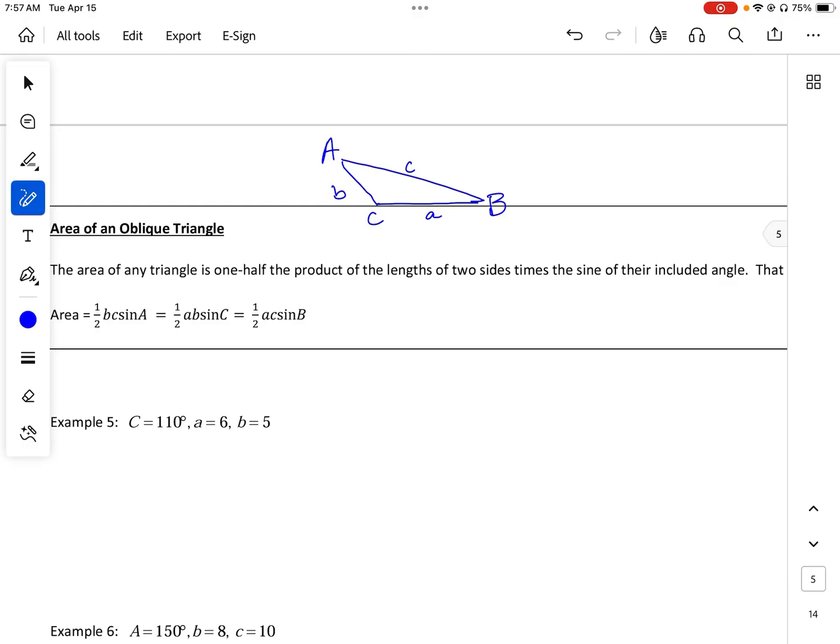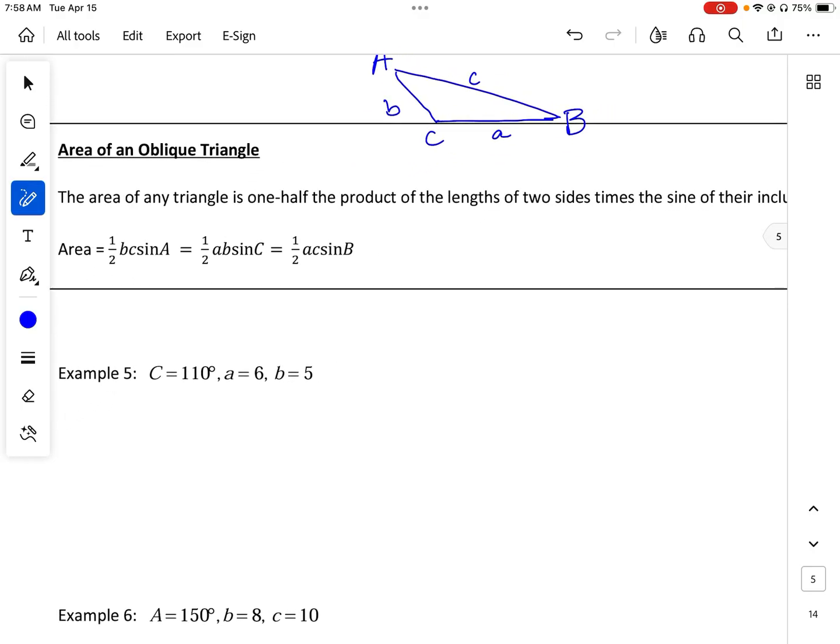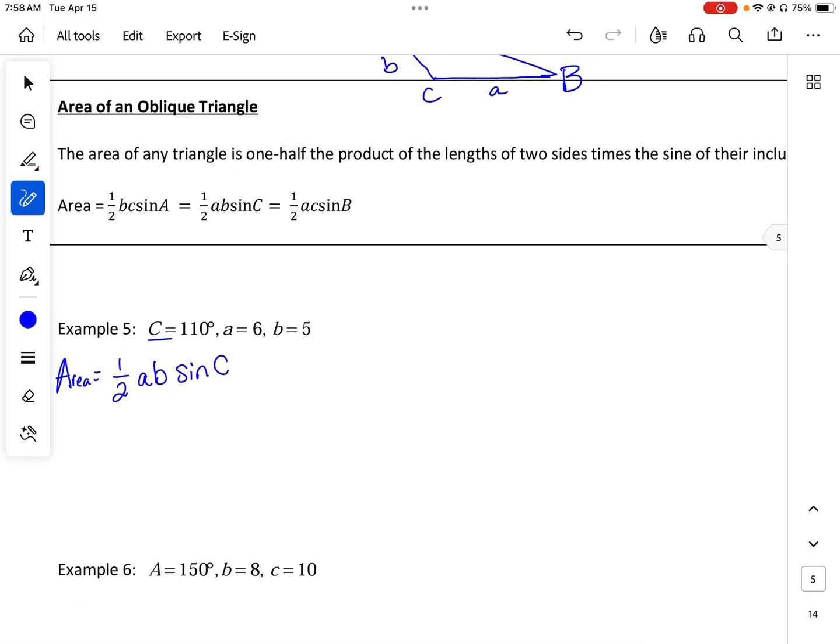So here is our formulas. So normally you find the area by doing half base times height. So this is when you don't know the height. So let's see what we have. So we have sine of C. So that means I'm going to use this formula. Okay, so instead of saying A equals, I'm going to do area equals because we've been saying A equals to talk about angles.